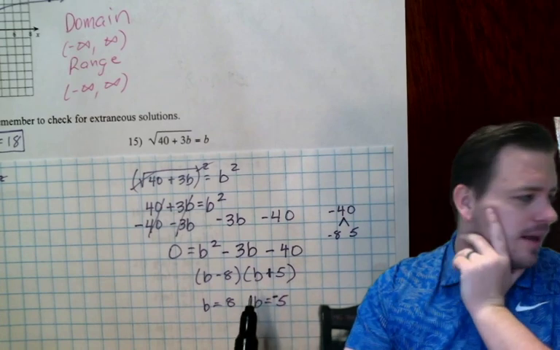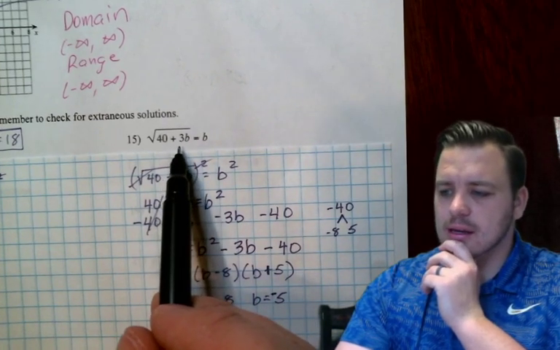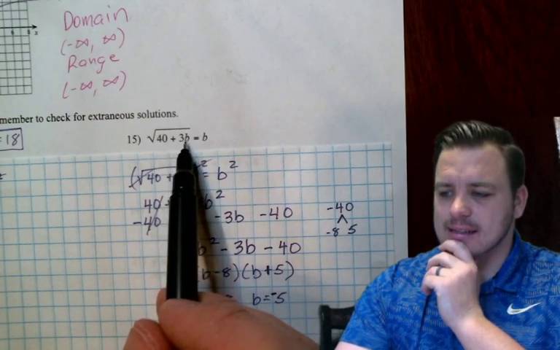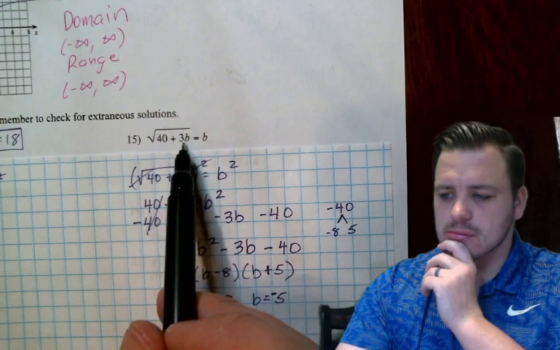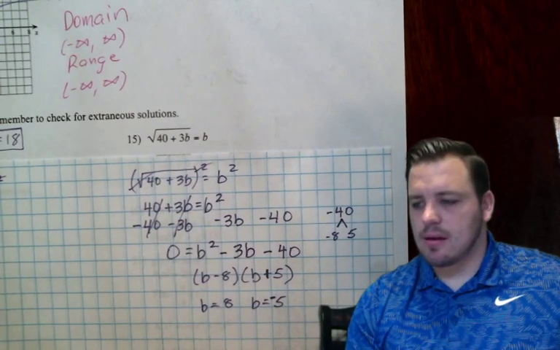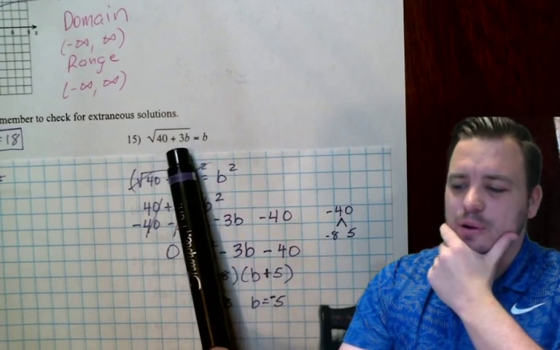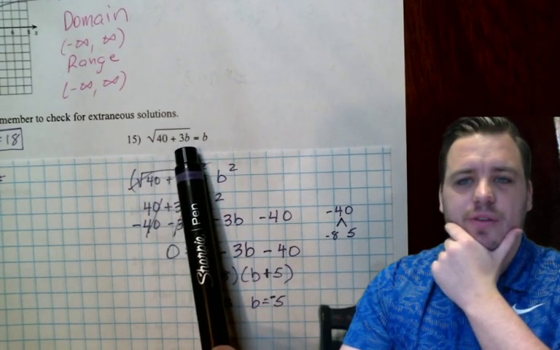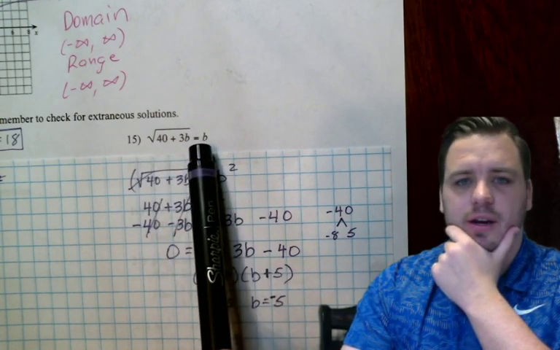If we plug 8 back in, 3 times 8 is 24. 40 plus 24 is 64. The square root of 64 is 8, which is what we plugged into b.